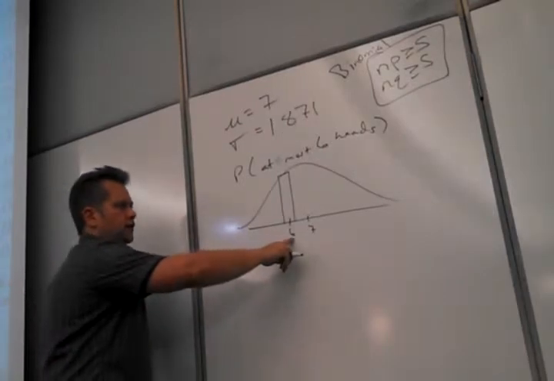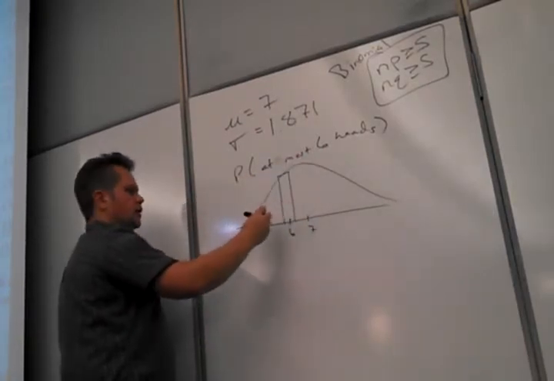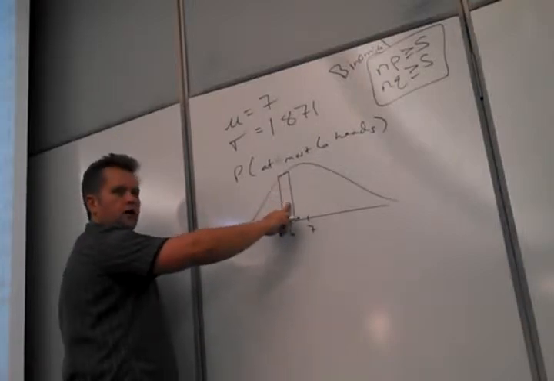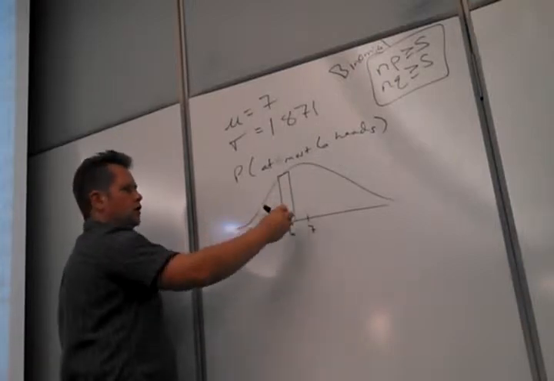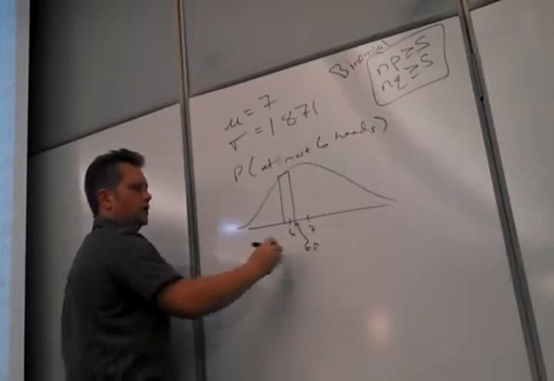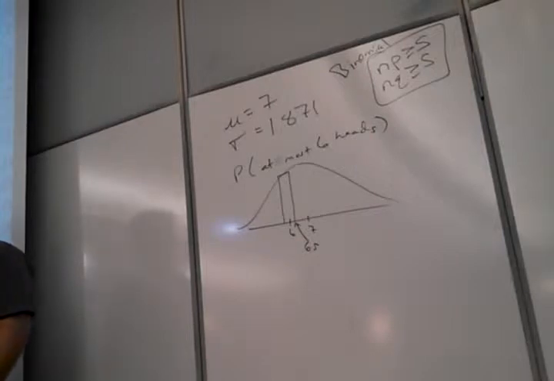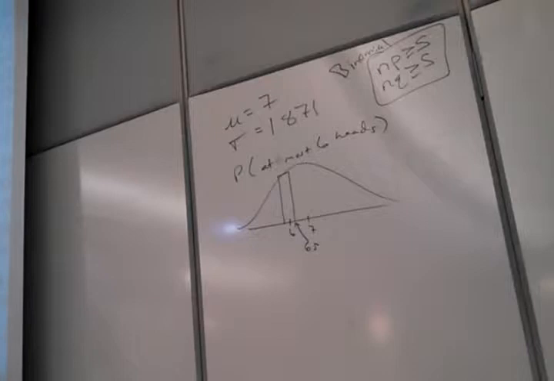So if I want to know at most 6, so that really means up to 6, do I want to include this bar or not? Yes. So I really want to go up to 6.5. Does that by itself make sense? Visually, this is really what's going on.